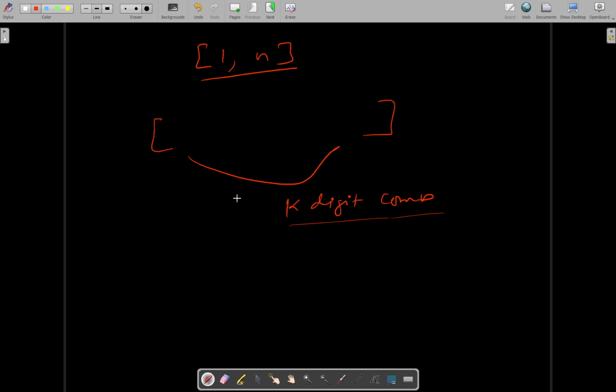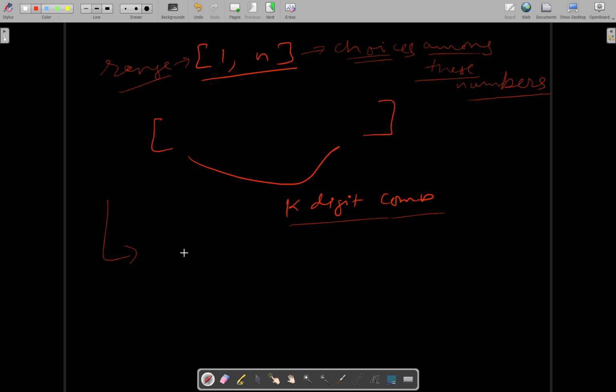To make a k-digit combination, you have to make choices among these numbers, and accordingly the combinations will be formed. This is the given range.